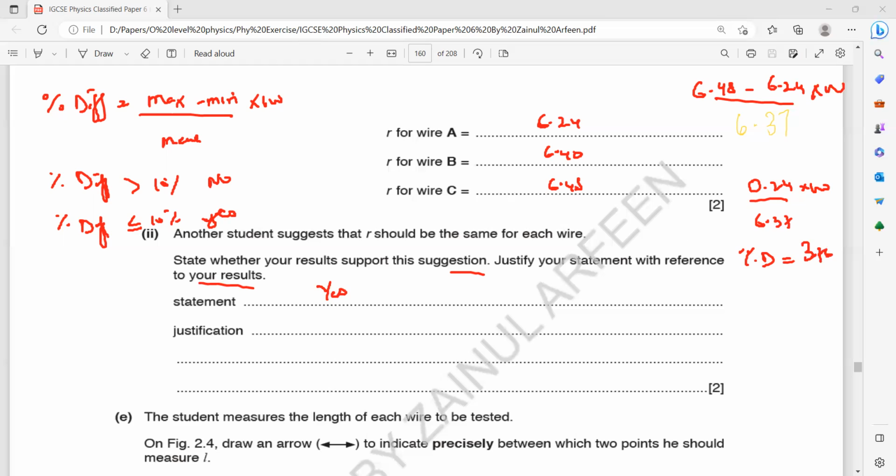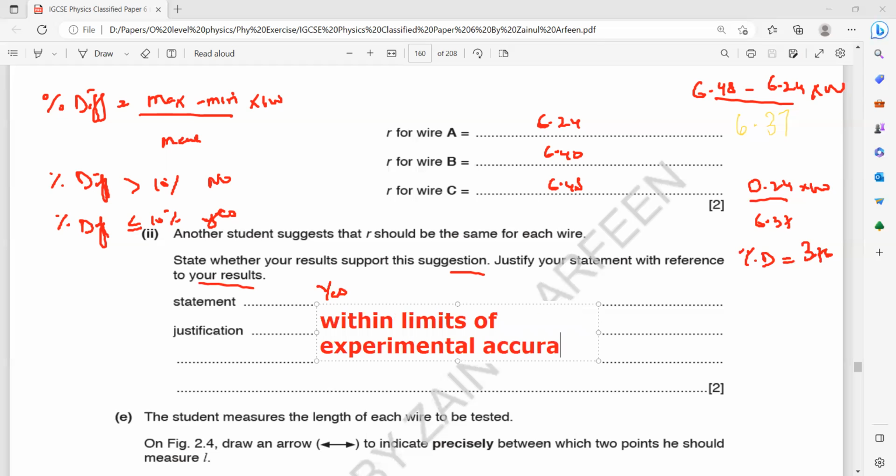Or you can also say that the statement matches the result. Is it clear, this one? How we work out whether values are equal or not? Yes, sir. Okay.